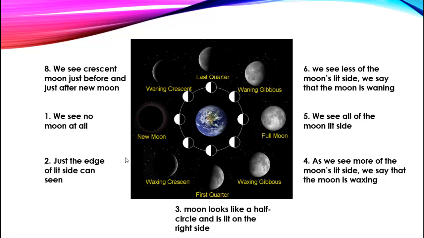Sixth, waning. We see less of the moon's lit side. We say that the moon is waning. So, what's the difference between waxing and waning? Waxing is when we see more of the moon's lit side, but waning is when we see less of the moon's lit side.